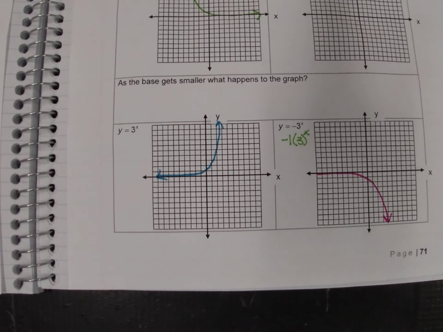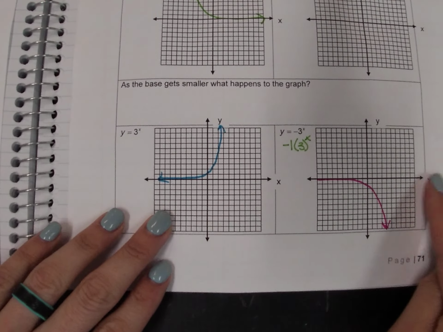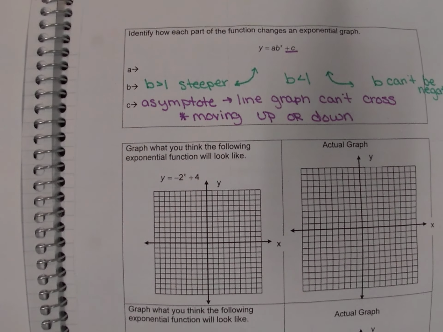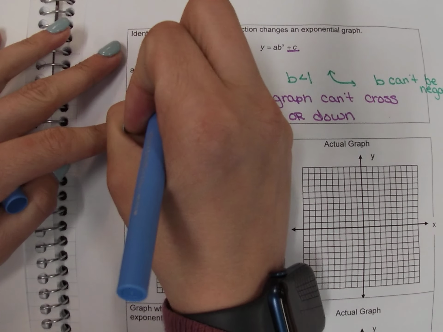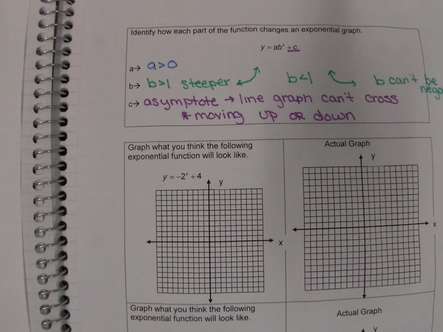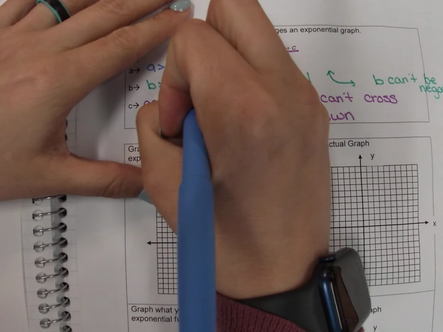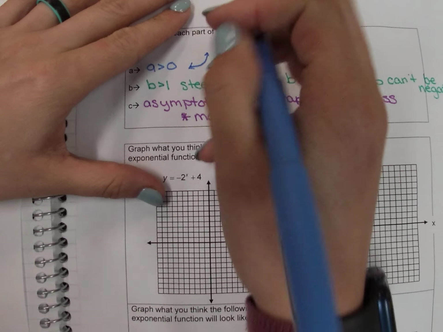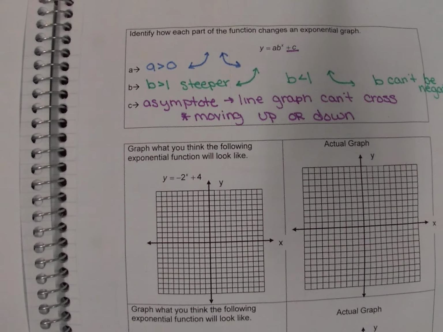That's really our A value, and our A value is flipping it around the x-axis. If A is positive, if A is greater than 0, it's opening upwards above the x-axis, going this way or this way, depending on what the B value is.